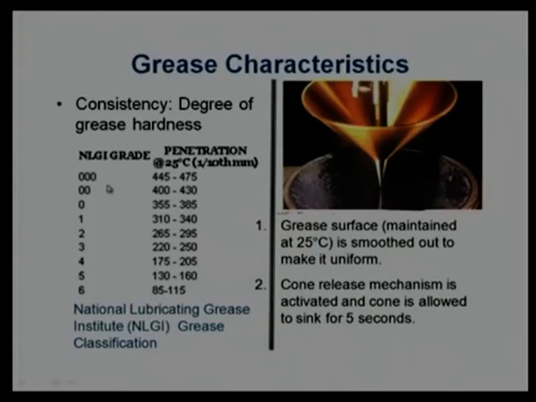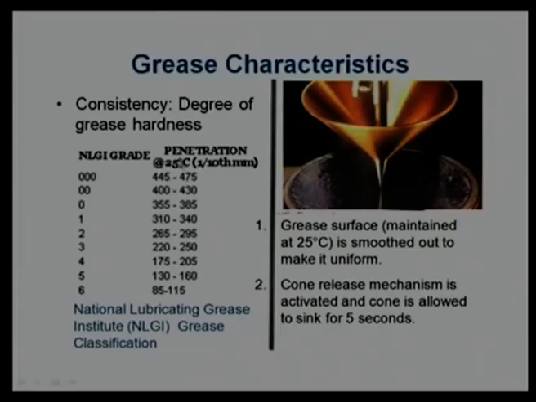That is why there are different numbers given to that, and this grading is done by NLGI, the National Lubricating Grease Institute, an American institute. That is why the NLGI word is used. We characterize grease with NLGI grades. We say 000 acts like a liquid lubricant.